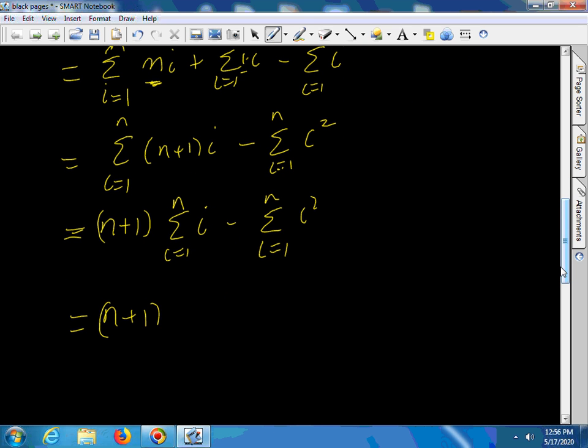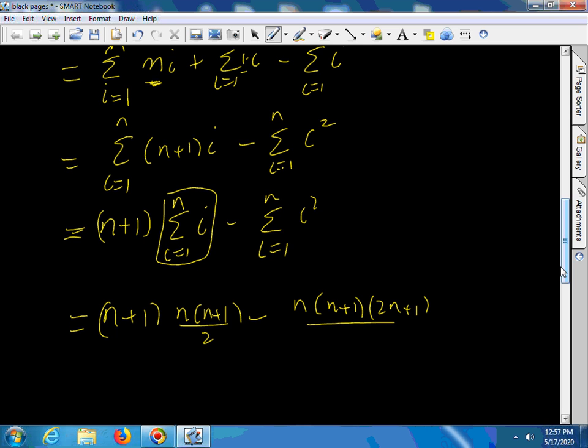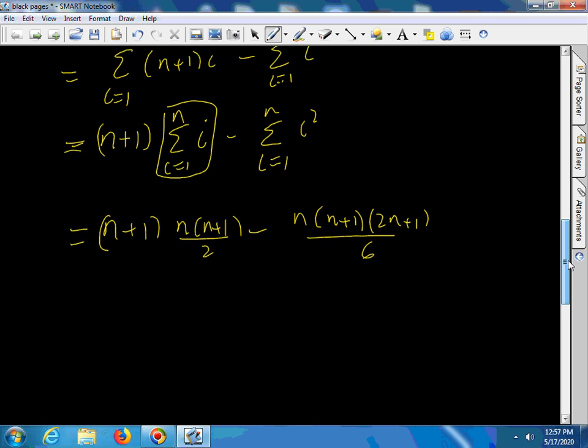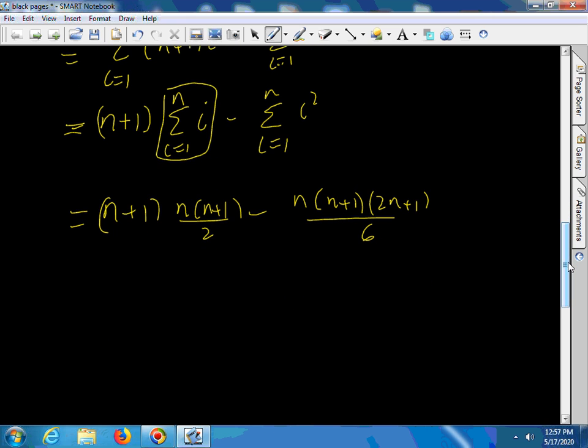So both of these summations we know. n plus 1 times this summation, well, that's n times n plus 1 over 2, minus the summation of i squared as i goes from 1 to n, which is n times n plus 1 times 2n plus 1 over 6. So the first thing I will do is get common denominators by multiplying top and bottom of the first fraction by 3. And when I multiply the 2 by the 3, I get 6.